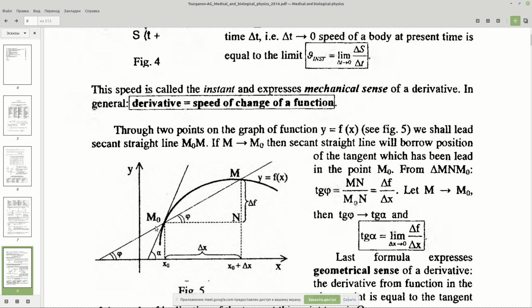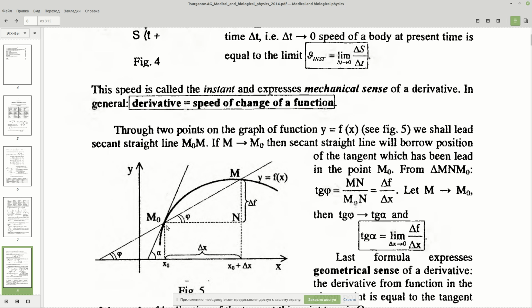It becomes more and more going to a right angle, the slope is going up, and then the tangent alpha is something which touches this curve at the point M0.